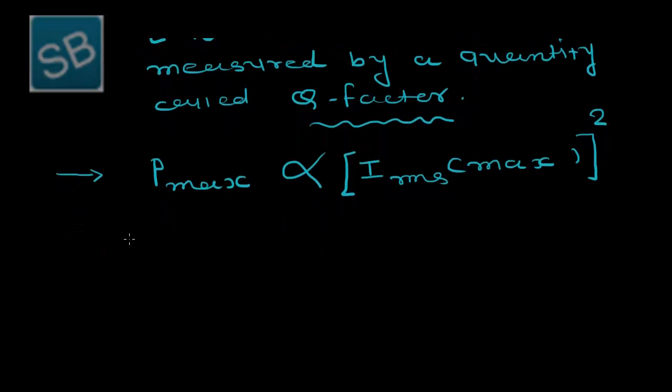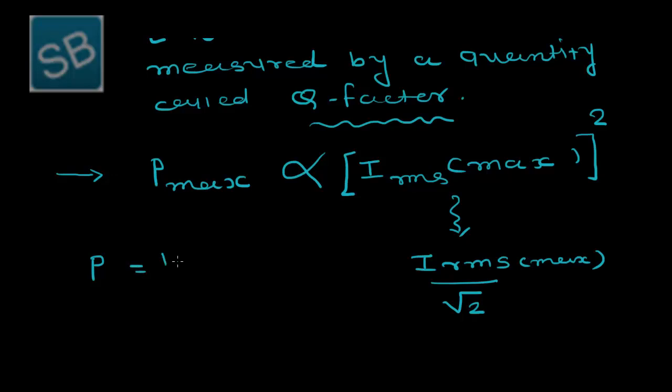And also when this maximum value becomes again RMS type, that means when it comes to this particular value IRMS max upon root 2, then the value of power will be half of its maximum value. So this is the correlation between the power and current actually.